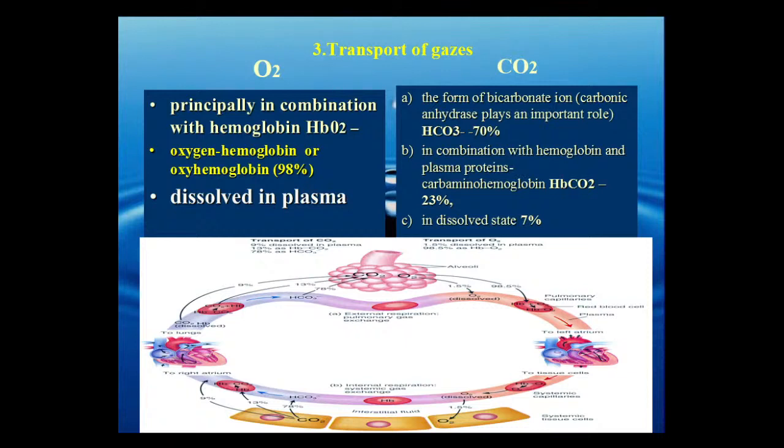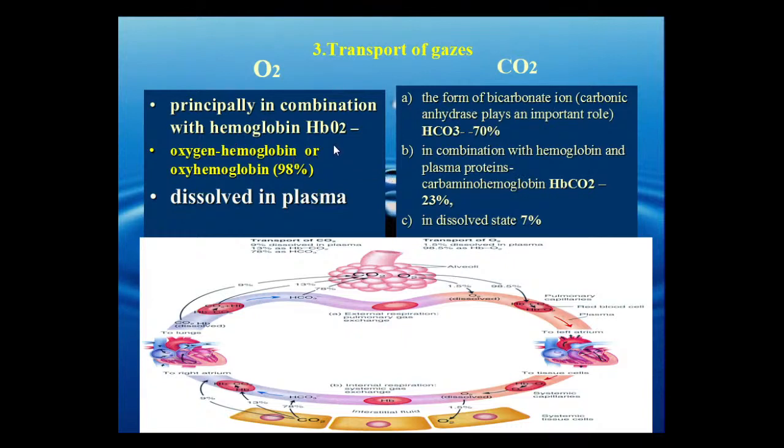After gas exchange in lungs, oxygen comes into blood, into capillaries, and transportation of oxygen is realized in combination with hemoglobin.